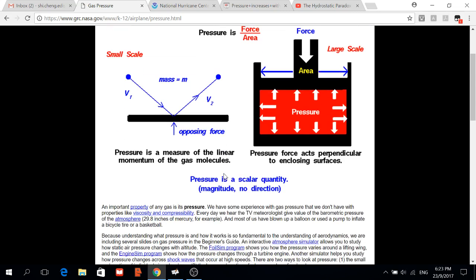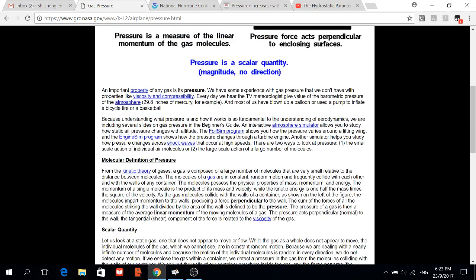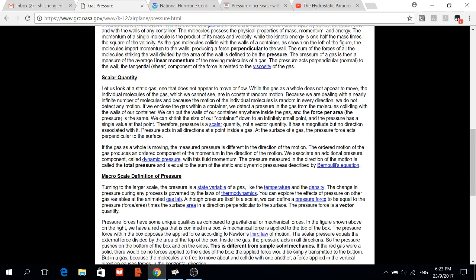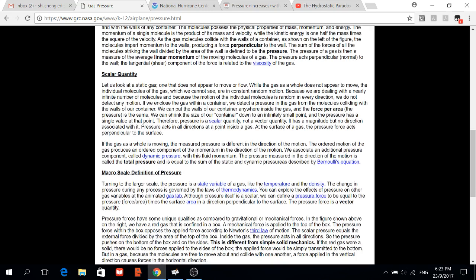Here is a more comprehensive explanation of why pressure is a scalar quantity. Let's say you have a uniform gas that doesn't move. You put walls in the gas to form a container, and inside that container, the force per area, or pressure, will be the same since it's a uniform gas.